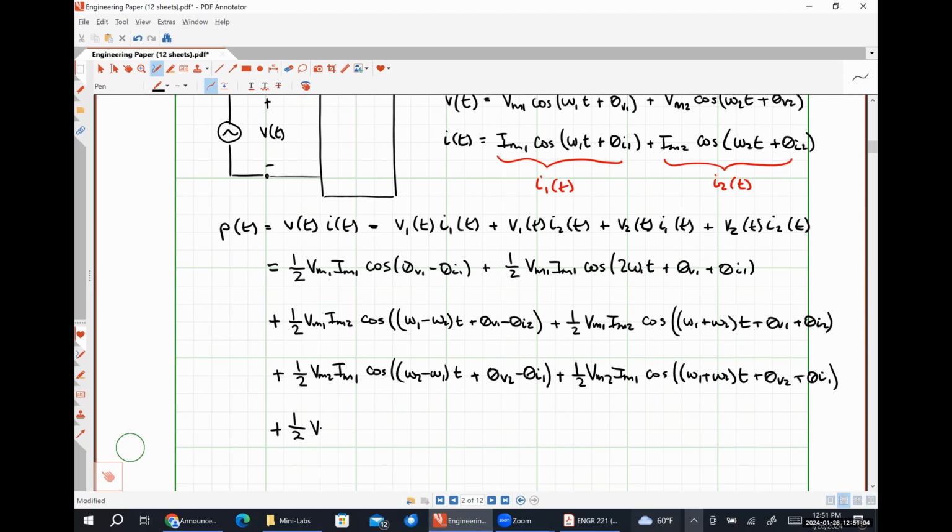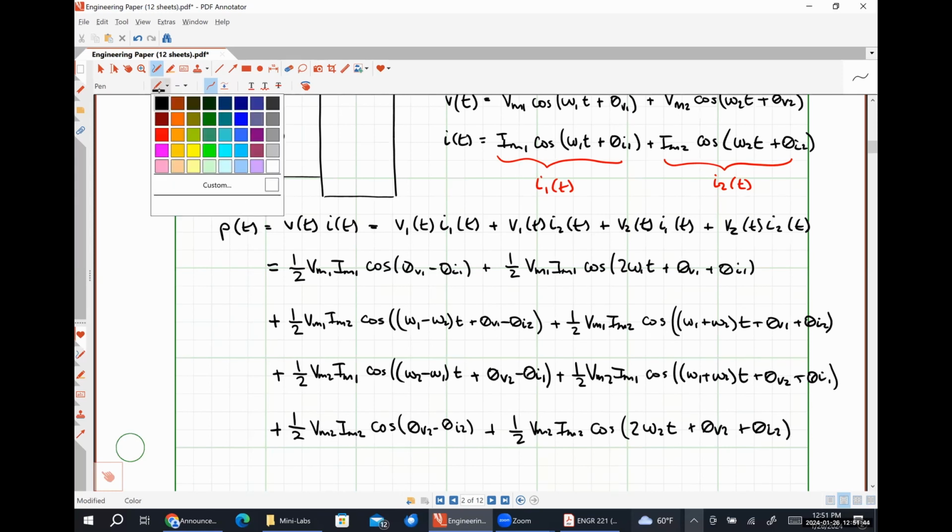So it'll be 1/2 VM2 IM2 cosine theta V2 minus theta I2, plus 1/2 VM2 IM2 cosine twice omega2t plus theta V2 plus theta I2. All right, 8 terms.